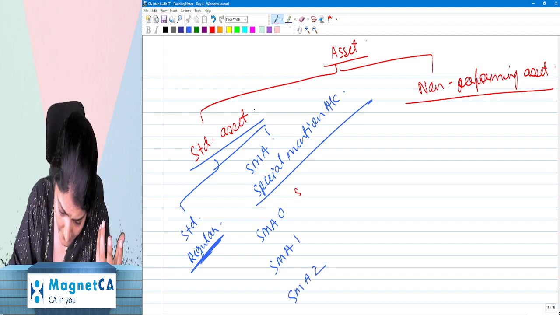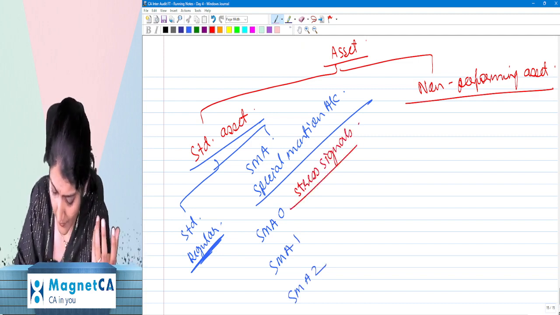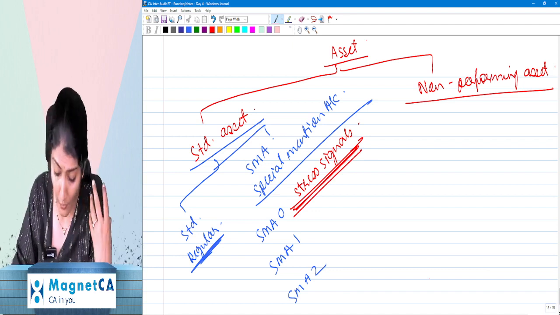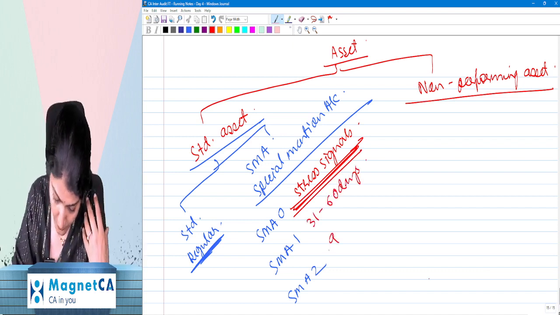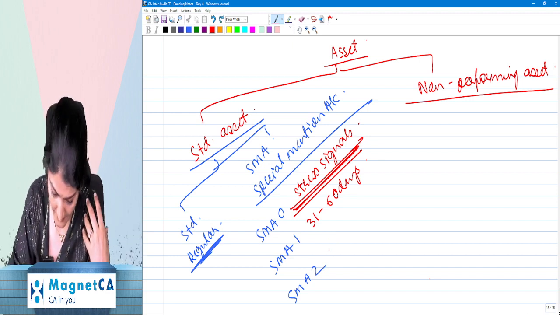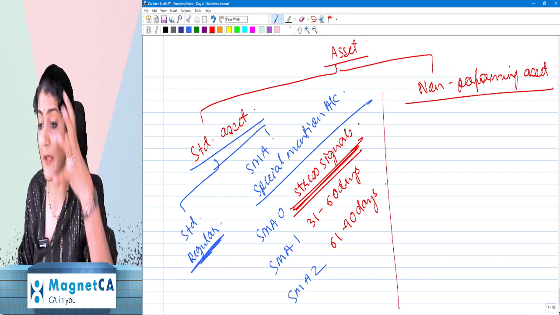SMA 0 is where the account is showing some stress signals. You come to know that the borrower's condition is not good. Or if it is overdue for 31 to 60 days, or overdue for 61 to 90 days. That means it is not an NPA so far, but looks like coming soon.